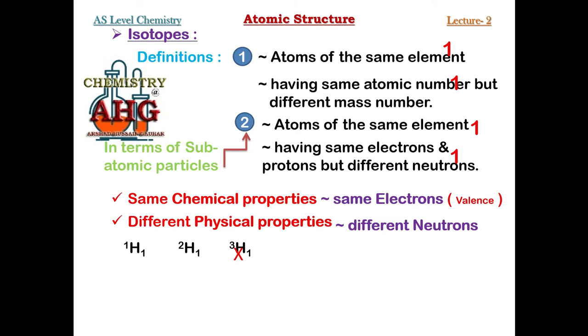Now based on this, if you are ever asked to react normal hydrogen and heavy hydrogen with oxygen, you must remember that whenever you combine both of these isotopes with oxygen, you will get water. And what will be the formula of water that you are supposed to write down?